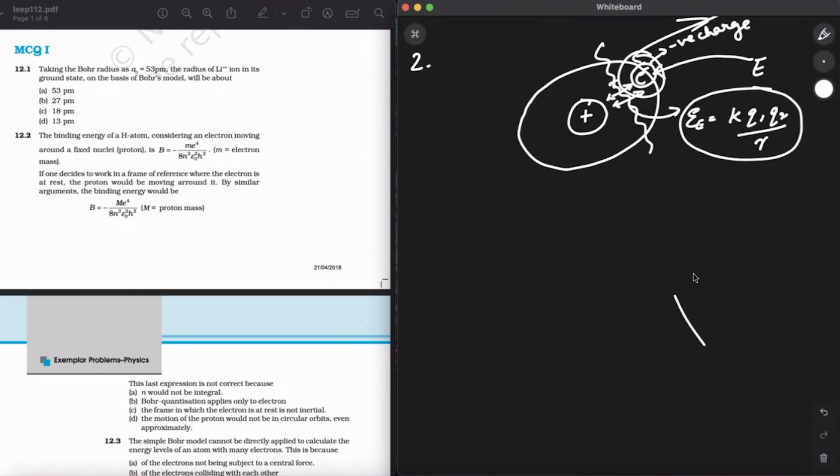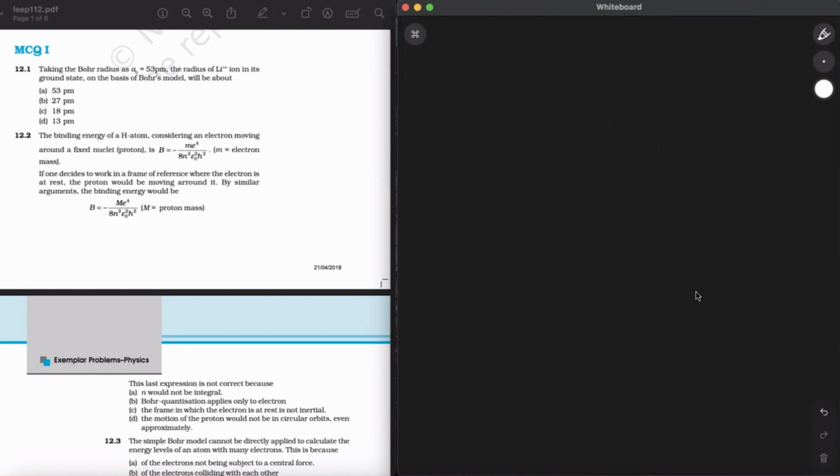Simple. Now, the binding energy of an H atom, considering an electron moving around a fixed nucleus, and for the nucleus you have to consider a proton, just a single positive charge. The binding energy is given as minus m e^4 whole divided by 8 n^2 epsilon naught^2 h^2, where m is the mass of the electron.